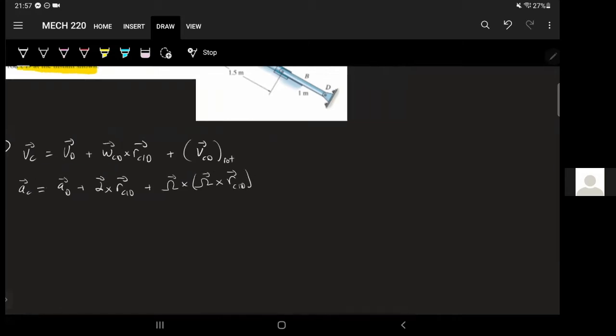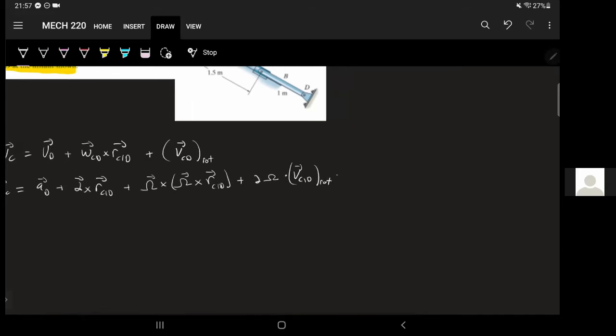Then we have the Coriolis term, which is 2 big omega cross the velocity of C with respect to the rotational frame, plus the acceleration CD from the rotational frame.